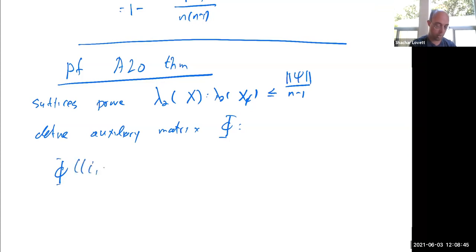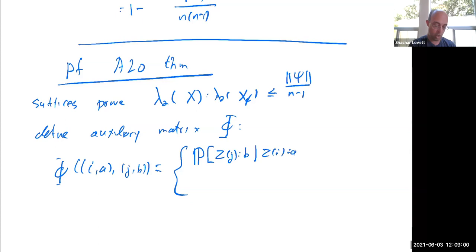Again, same size, indexed by IA, JB. So again, it's a 2n by 2n matrix. It's just going to be the following. It's going to be, again, the probability that Zj is B conditioned on Zi is A, but now without minus the probability Zj is B. If i is different from j, and it's going to be 0 if i equals j.